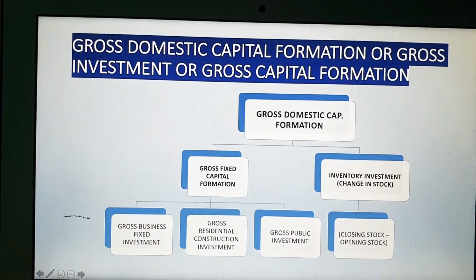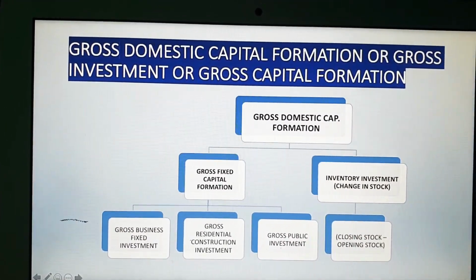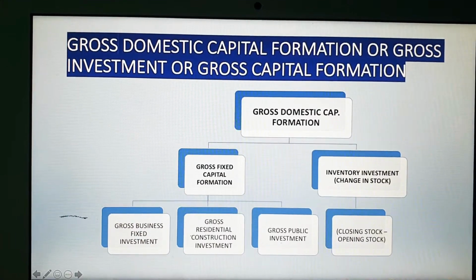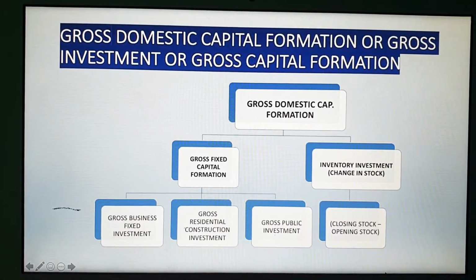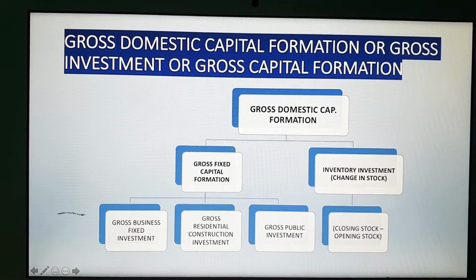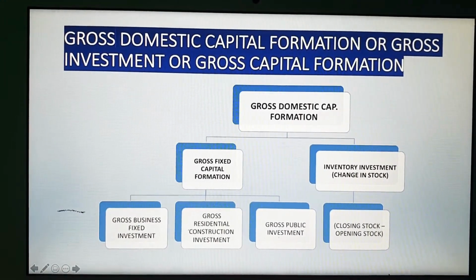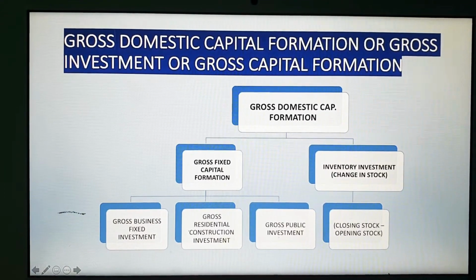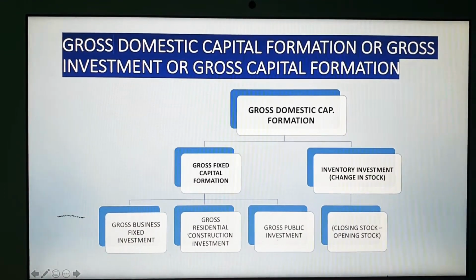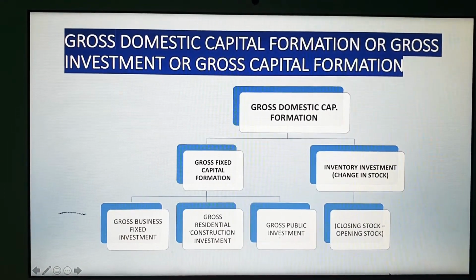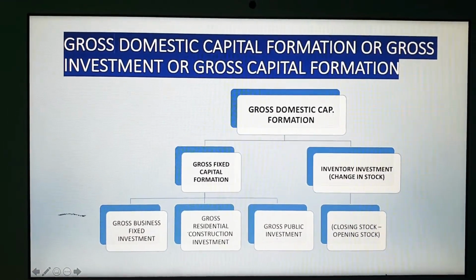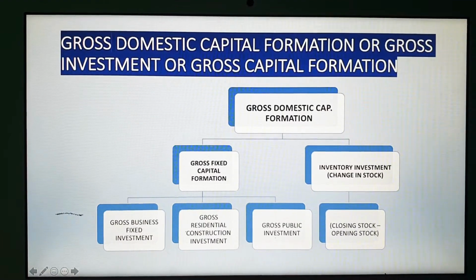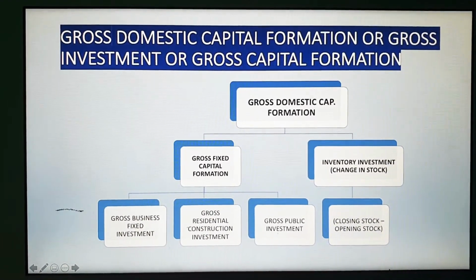And then capital formation. Gross domestic capital formation basically includes gross fixed capital formation and inventory investment. Gross fixed capital formation has three components under it: gross business fixed investment, gross residential construction investment, and gross public investment.